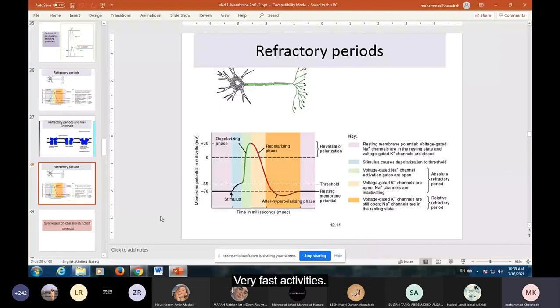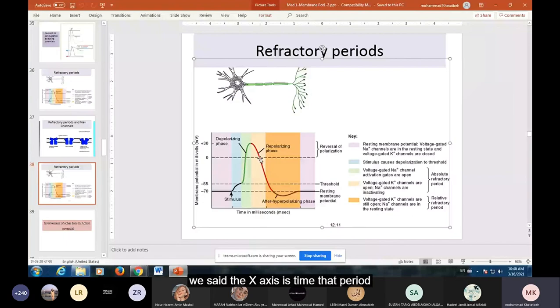Doctor, can I ask a question? Go ahead. Where does the overshoot start from? From the threshold, or from when you have started to record positive potential inside with regard to outside? So from this point to that point, that period of time, okay, as you remember, we said the x-axis is time.